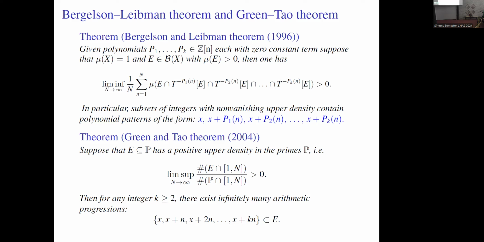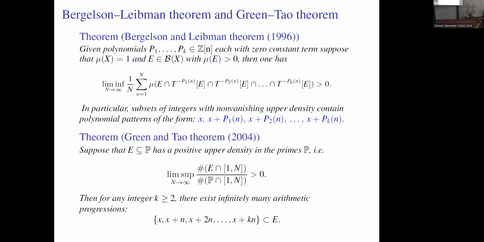In fact, they proved this in a much more general setting, in a multi-dimensional situation, where one can consider not only configurations on Z, but also on Z^d, with more sophisticated multi-variable polynomials.